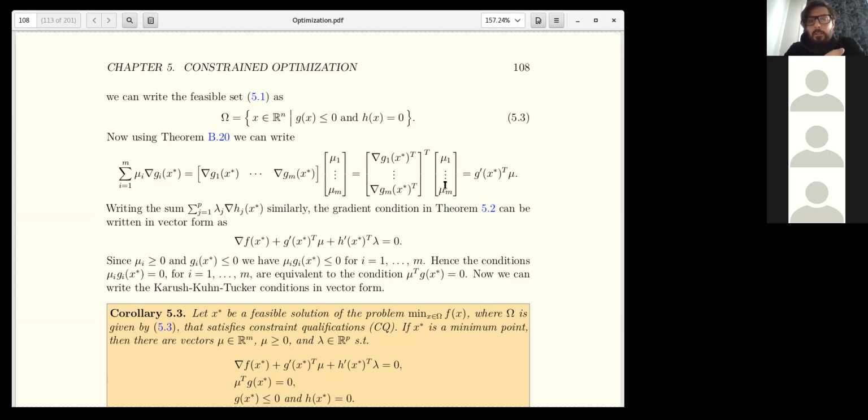So we have this mu vector, we have this lambda vector, this G prime, which we take to be a matrix, the Jacobian matrix of this G function, which is a vector valued function, and this H function's Jacobian, which is again the matrix of this H function, times the lambda vector.